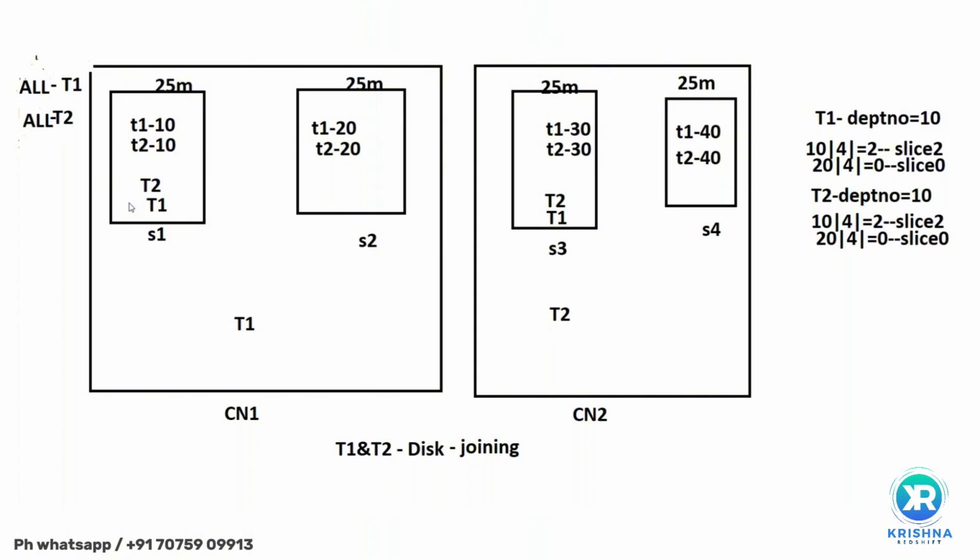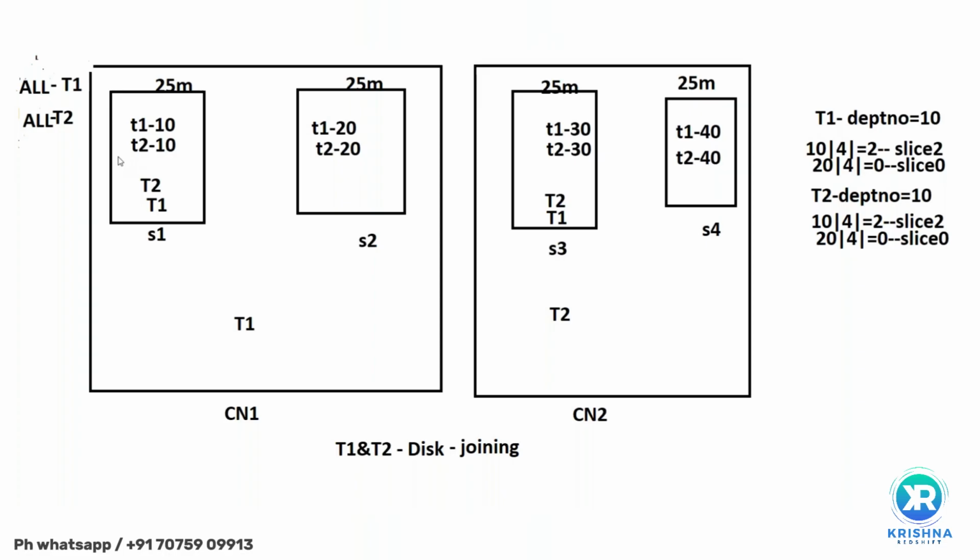Yesterday, I think Somnath asked one question. In case of ALL, if both the table copies are available in slice one of each node, in node one the copies are there, node two also the copies are there. Like that, if you have 10 nodes, in every node, in the first slice, both the copies are there.